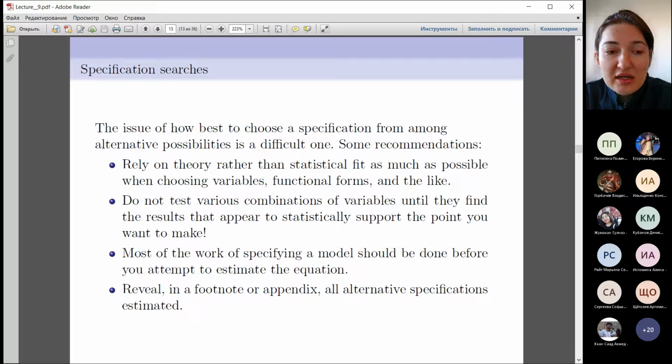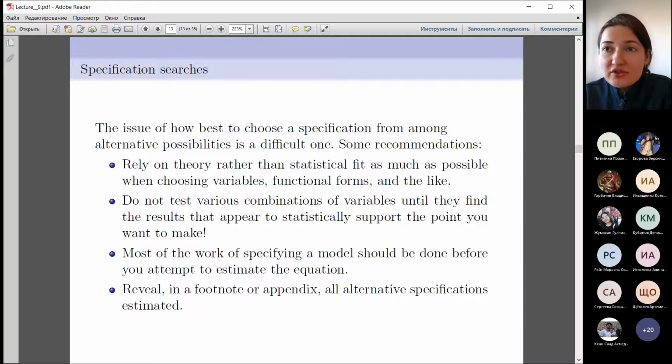So next point, most of the work of specifying a model should be done, of course, before you attempt to estimate the equation. So first of all, you need to write down the theoretical model, an econometric model, and only after this you should start to work with the data in Stata, for example, and run your regression analysis.